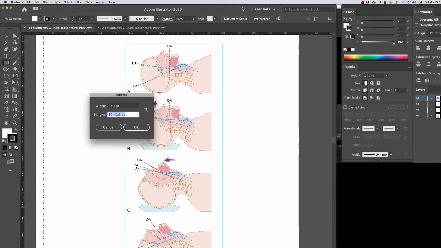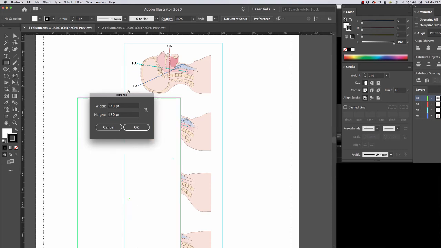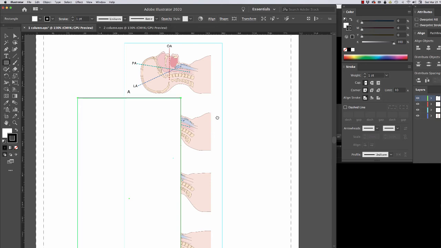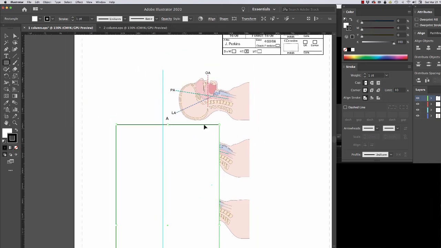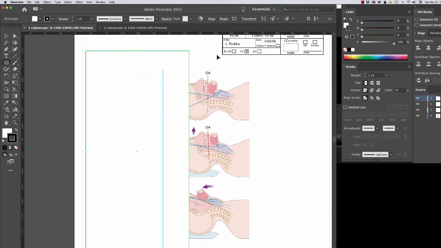And then for the height, I'll just put in some other number here, let's say 40p0, and click OK. And you see how that creates a rectangle of a certain size, and that would be a typical one-column width illustration in a lot of textbooks, being exactly 20 picas in width. And then the height can vary, but usually the maximum size of a printed page is about 56 picas in height.